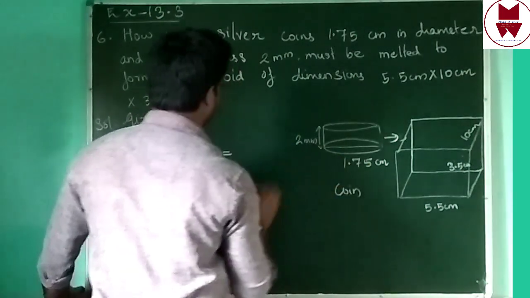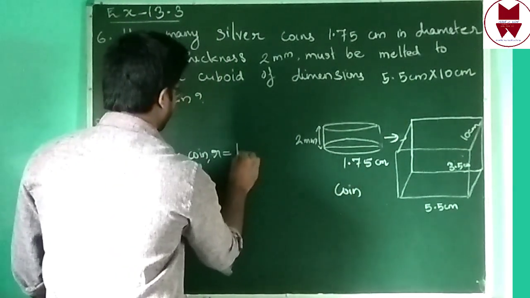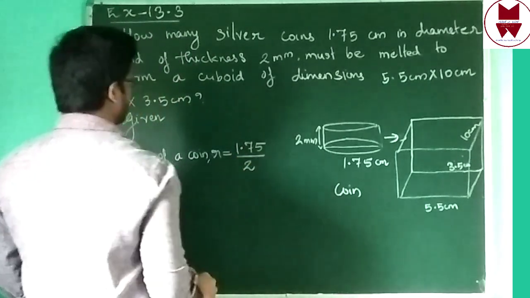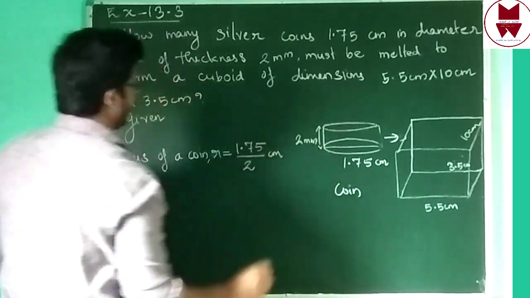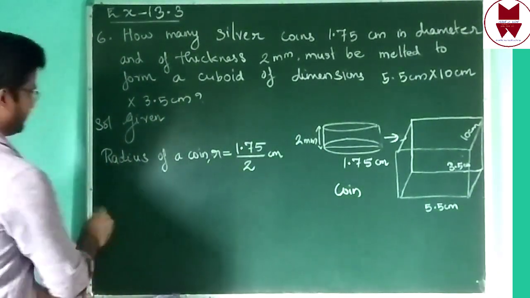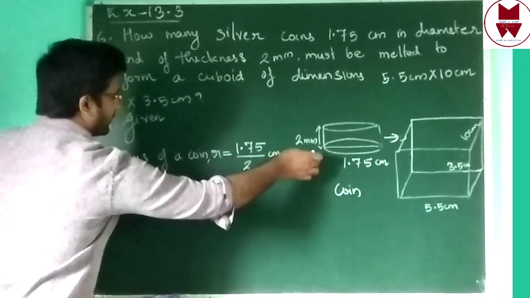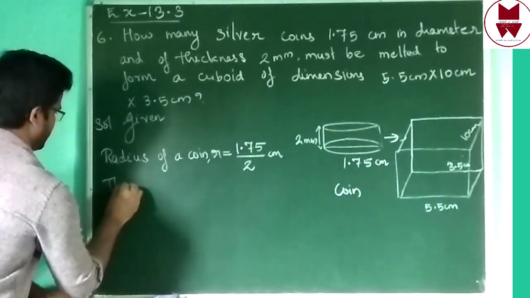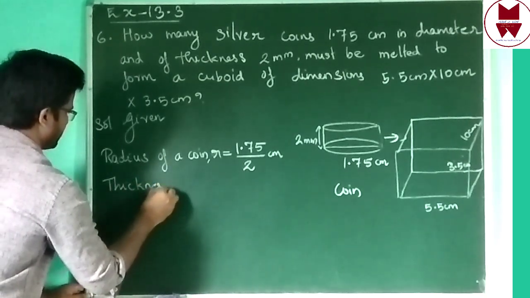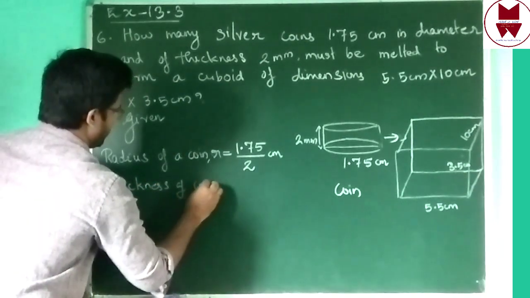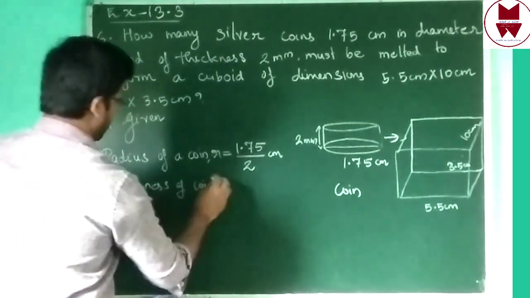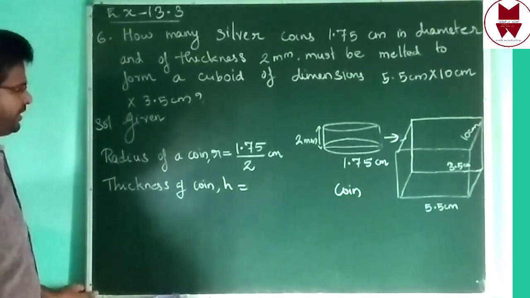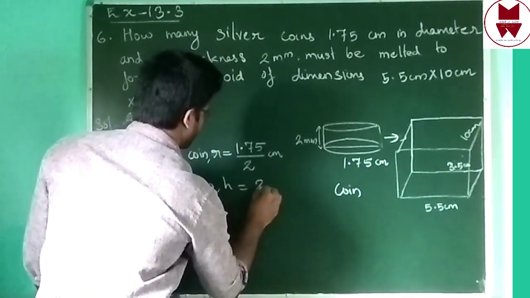Diameter is 1.75, divided by 2 centimeter, we will get the radius, just divide by 2. Then next, this thickness means height, isn't it? We can take the thickness of the coin as h, small letter h.